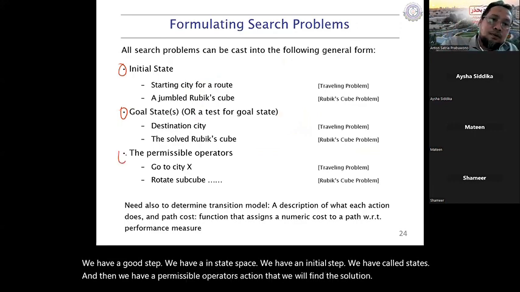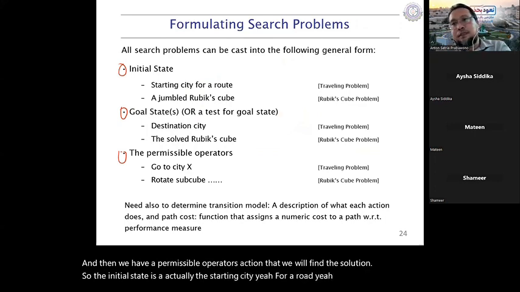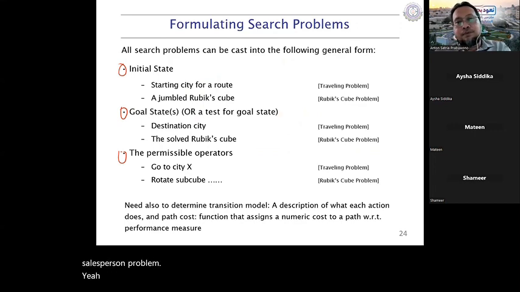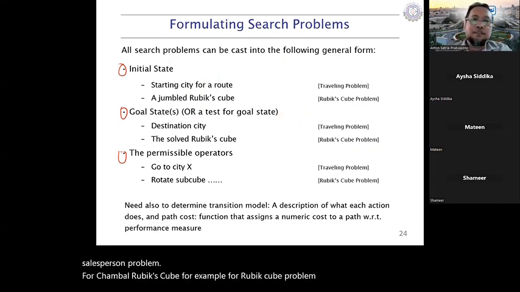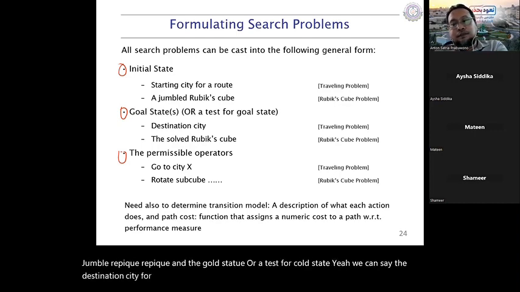So the initial state is just the starting city for a route, for the traveling salesperson problem. For a Rubik's cube problem, the initial state is the jumbled Rubik's cube. And the goal state, or test for a goal state, we can say is the destination city for the traveling salesperson.